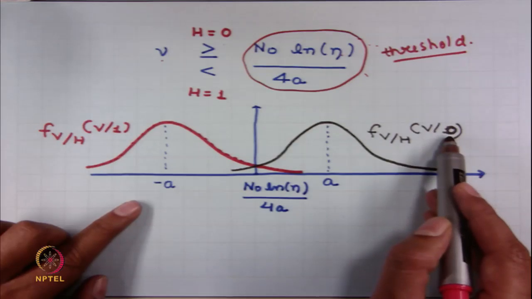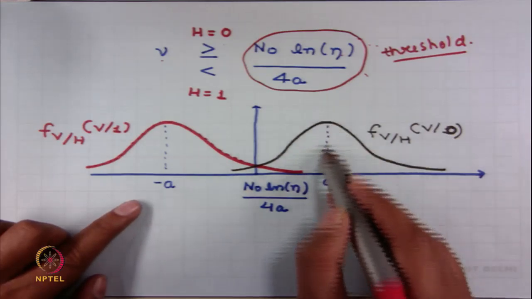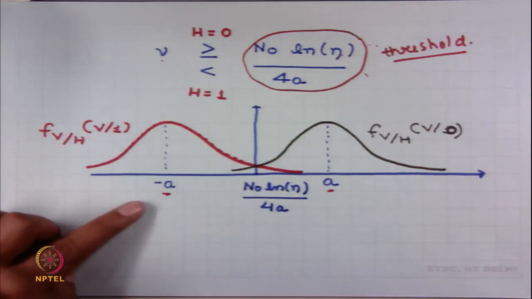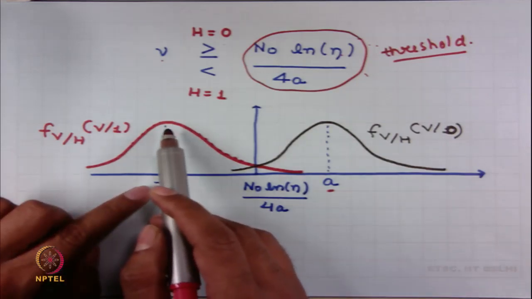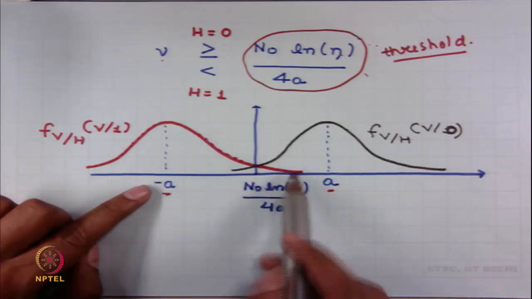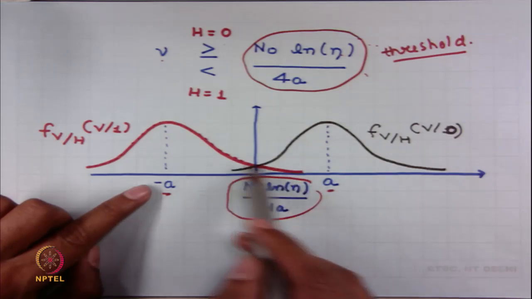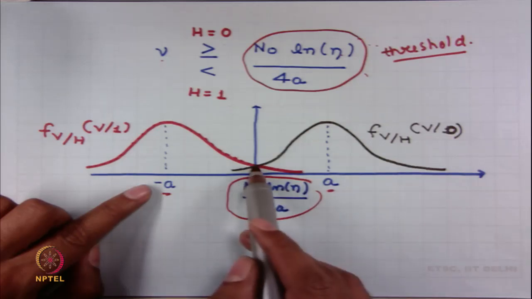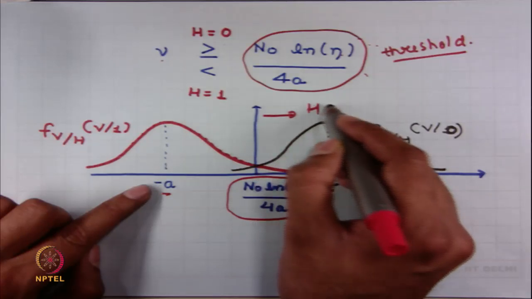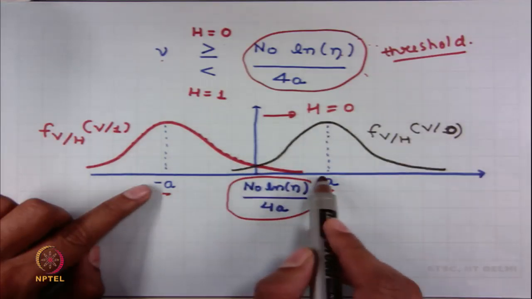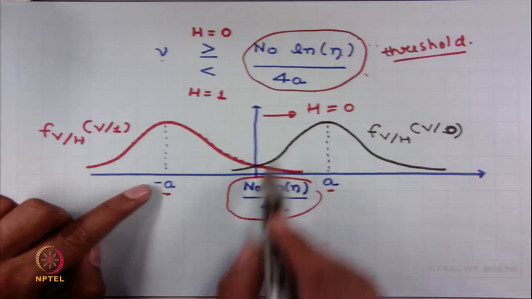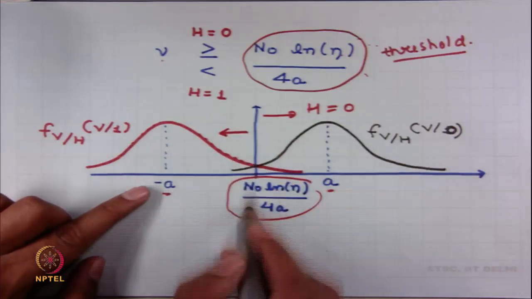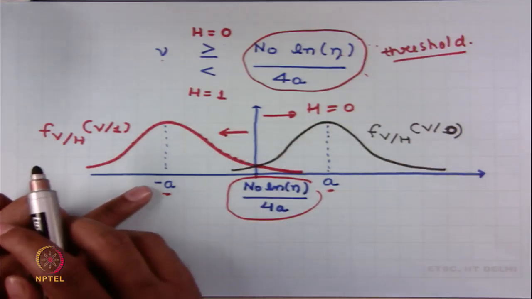When hypothesis 0 has been sent, the mean of this Gaussian distribution is at A, and when hypothesis 1 has been sent, the mean is at minus A. The detector compares the received value with this threshold, N naught ln eta by 4A. If the received value is larger than this point, hypothesis 0 is chosen, and if it is less than this threshold, hypothesis 1 is chosen.